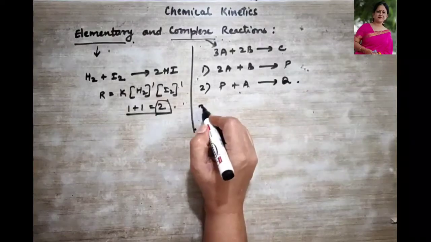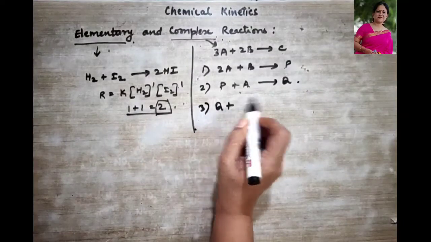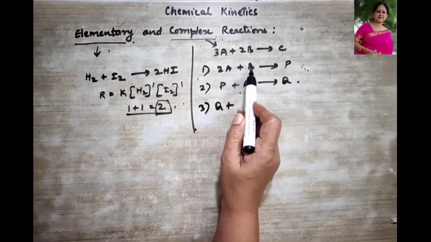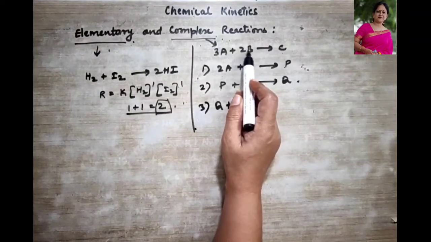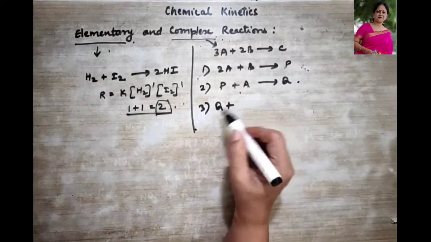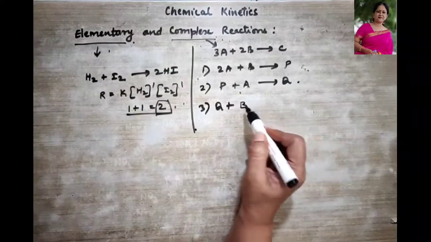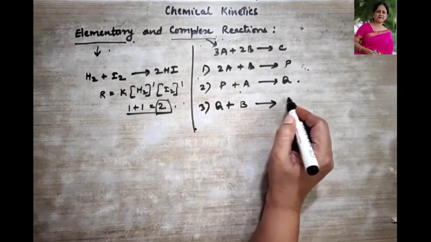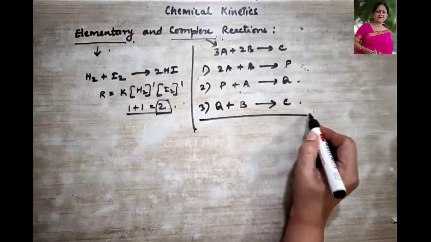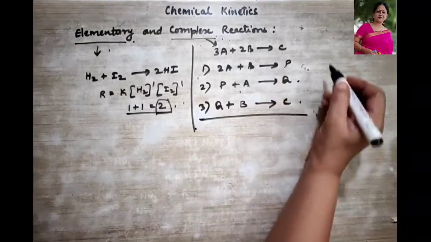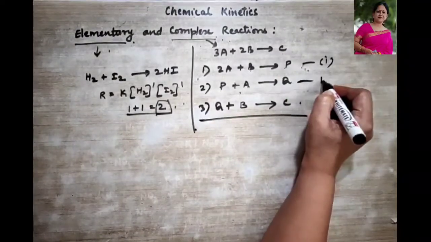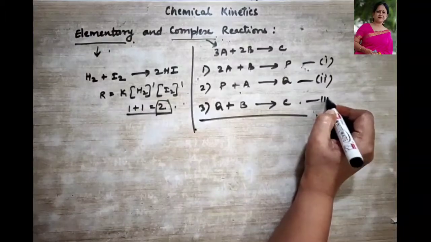Now this Q combines with, we have just used one B, we need one more B. So this Q combines with another B and gives us C. Now if we add all these 3 equations, this is equation 1, this is 2 and this is 3.